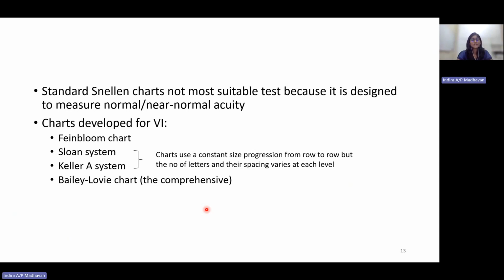So the research that was conducted when this Snellen chart was developed used people with normal or near normal acuity. While there are charts that are developed specifically for visually impaired persons.